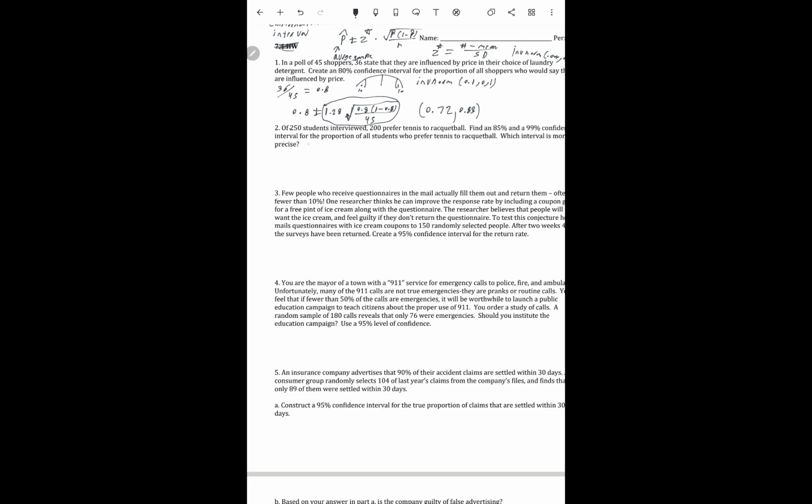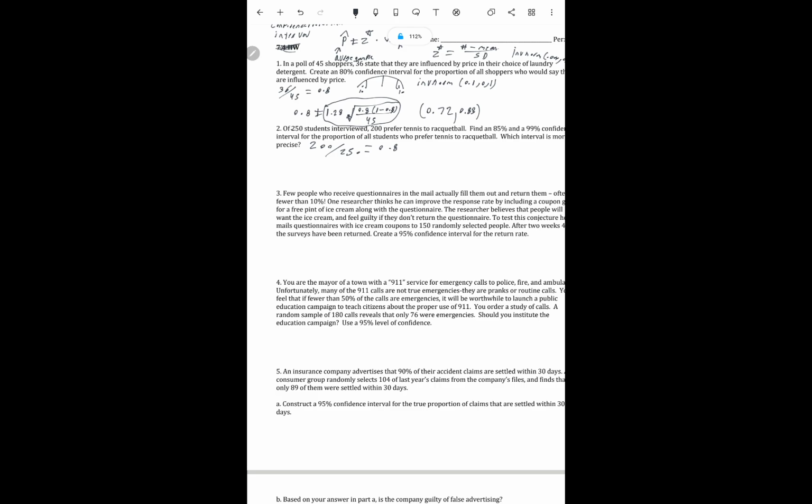First, we need to see what's 200 over 250, because we need to find our p hat. So this would just be 0.8 again, I think. Yeah, it is. All right. Now, what we do here is we look at the 250 students, and we have the 200 students here. Now we need to see 85.